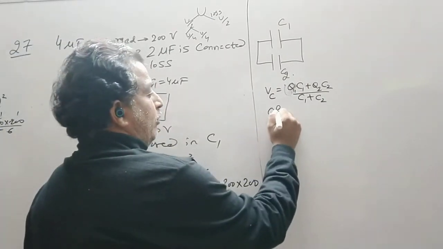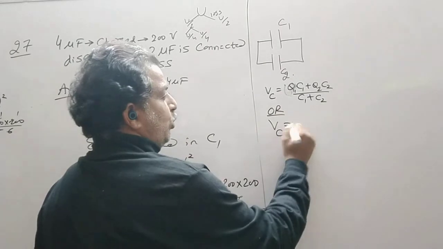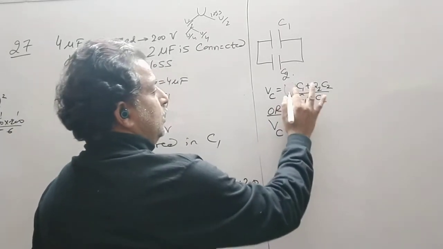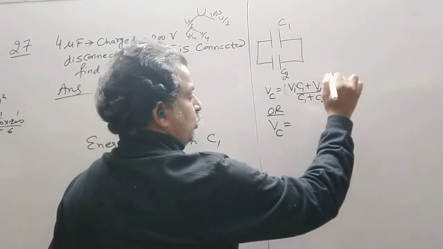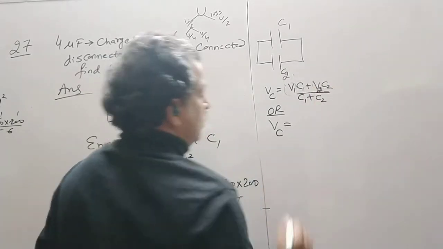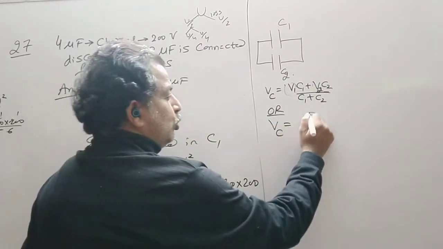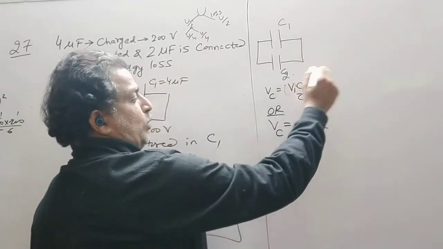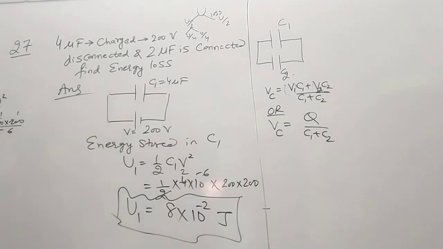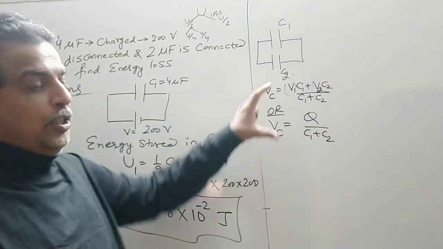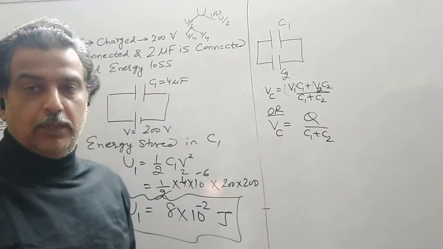Or the formula was Vc is equal to V1 C1 plus V2 C2, or total charge Q upon C1 plus C2. In both the cases, you will find out the common potential.